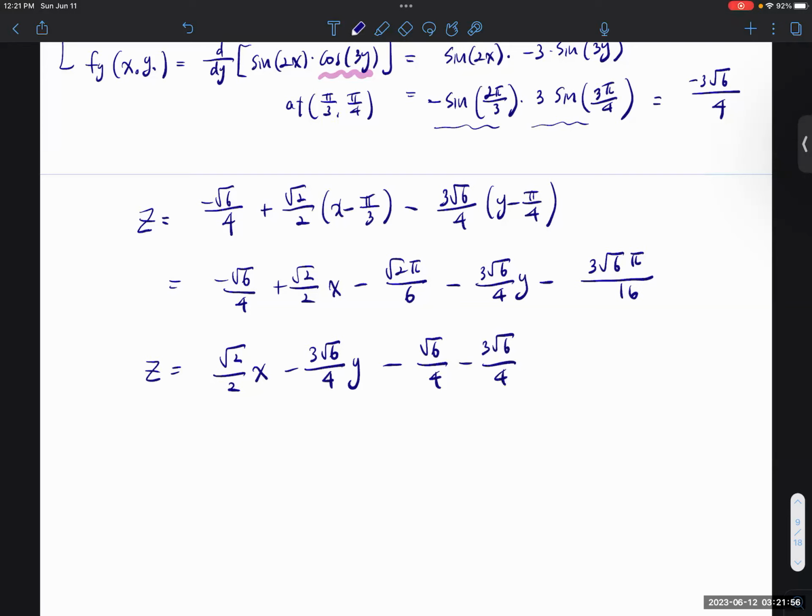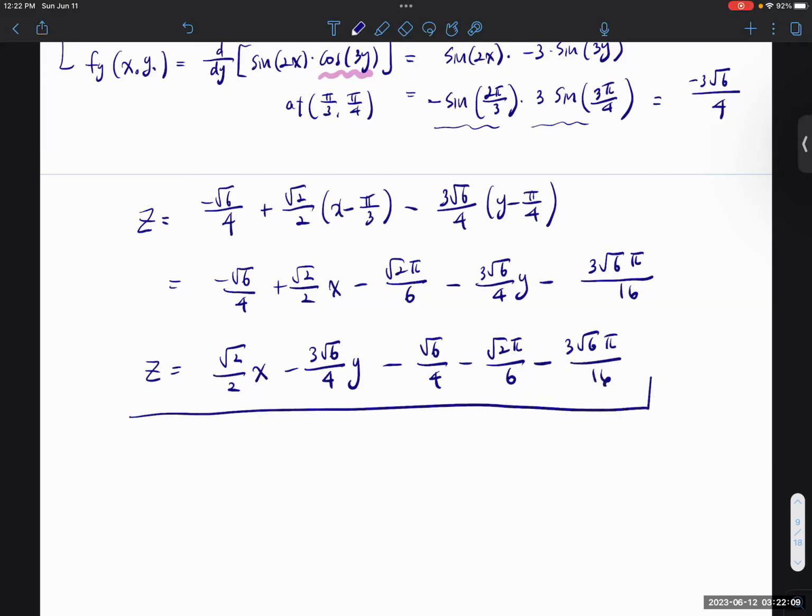I just put the wrong number, so radical 2 pi over 6 and 3 radical 6 pi over 16. So that's going to be the equation of the tangent plane.